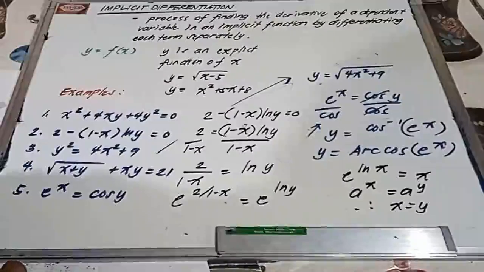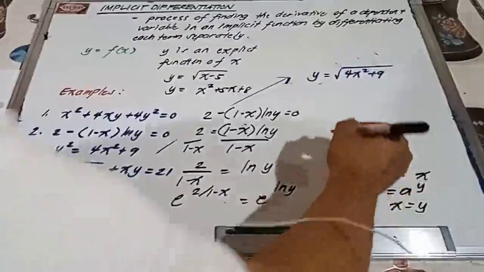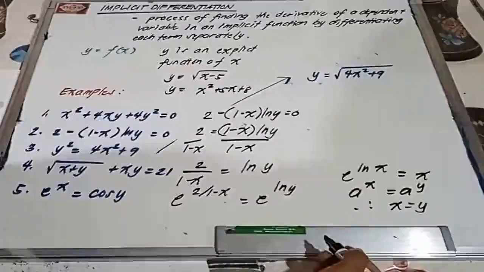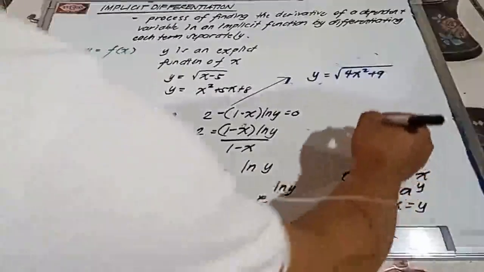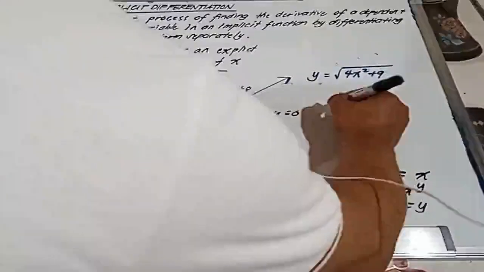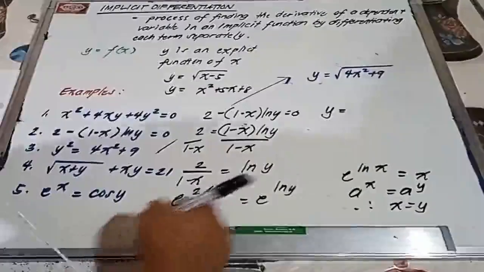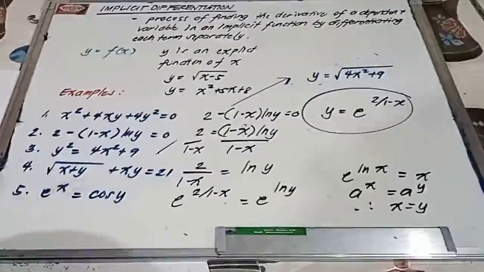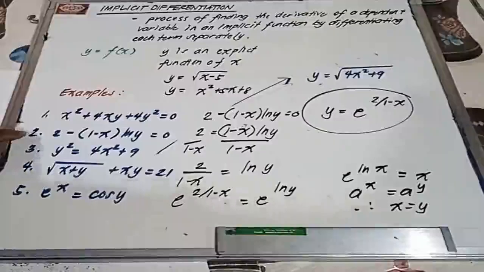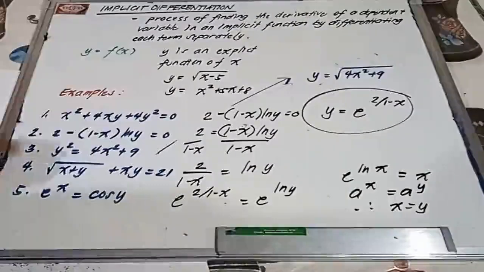Naituro ko pala to doon sa properties of natural logarithms sa math elective. So this is equal to y, and this side of the equation will become e to the 2 over 1 minus x. So naisulat ko na explicitly yung ating examples 2, 3, and 5. Subukan nyo yung 1 and 4.